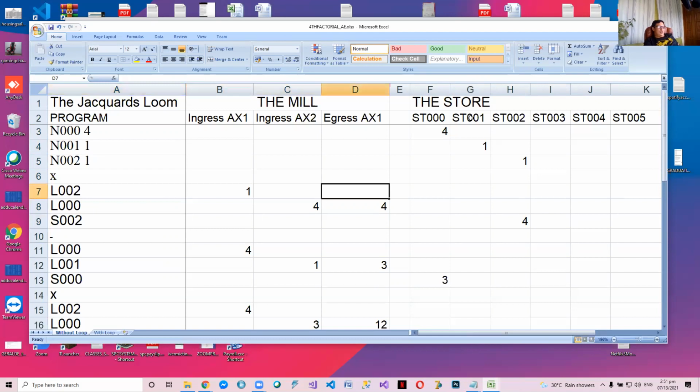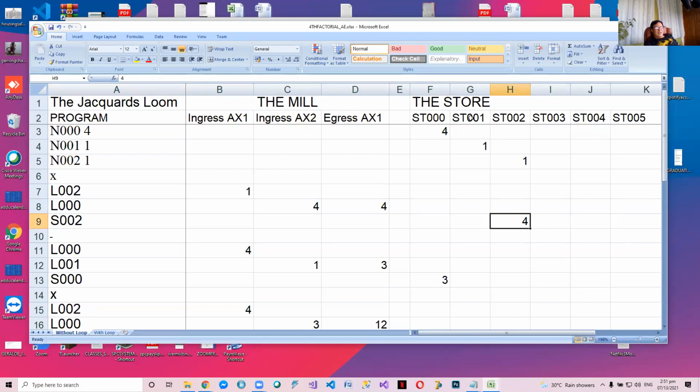Do you follow? So 0, 0 actually stores our next multiplier. Do you follow? Our next multiplier is 4. So we have 1 times 4. And the egress stores a value of 4. We will store the result of the egress as S002. Ang ibig sabihin ng S002, yung value ng egress ilagay sa 2, which is 4.